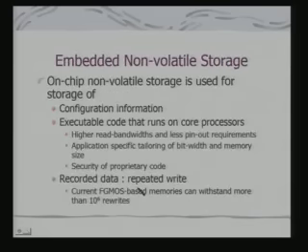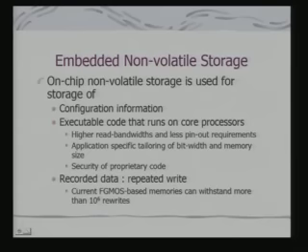And where is this embedded non-volatile storage used in an embedded system? Obviously, it is used for storing configuration information. Also, the executable code that runs on these processors is in most cases stored on this non-volatile memory area. Now, this gives you higher read bandwidths and less pinout requirements.